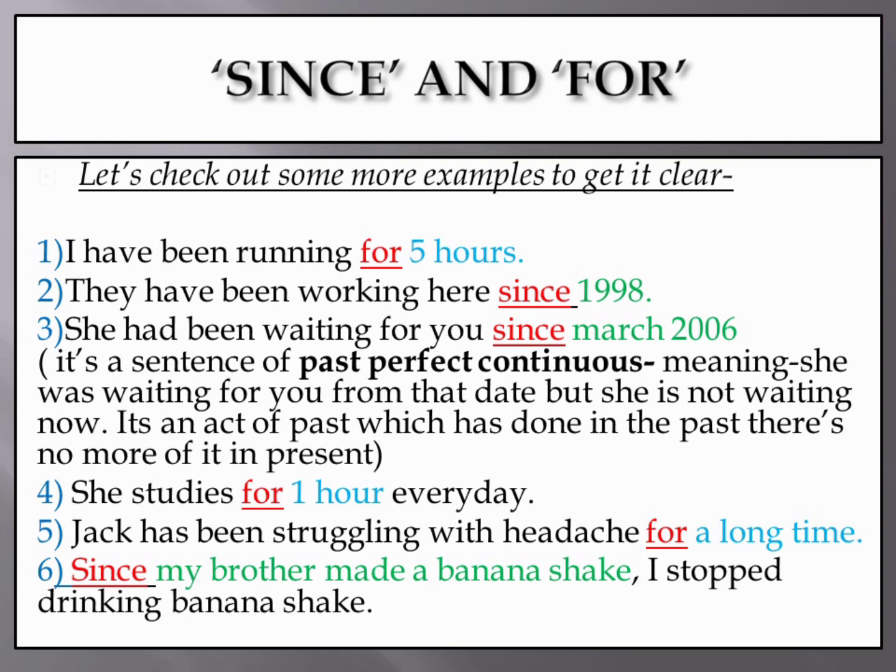The sixth one is since my brother made a banana shake, I stopped drinking banana shake. In this sentence, it's about a particular time in the past when my brother made a banana shake, and after that I stopped drinking it. Because of that particular time, I used since here.